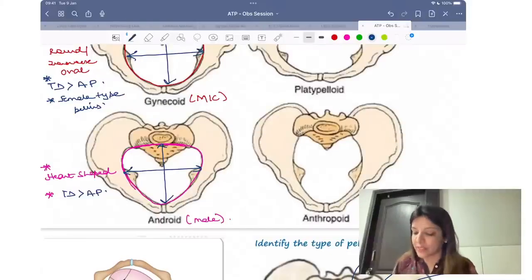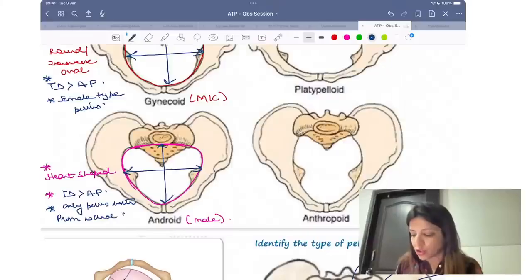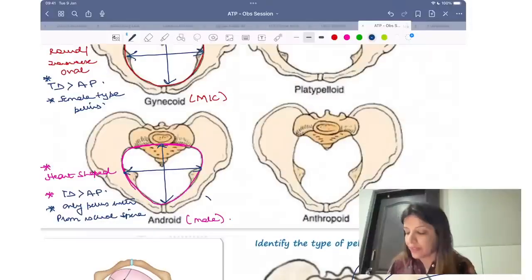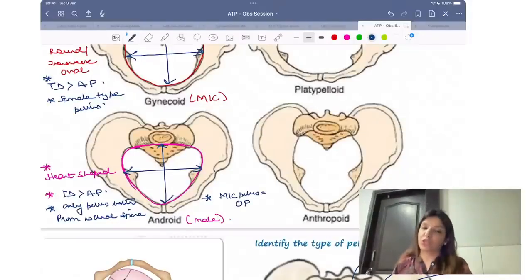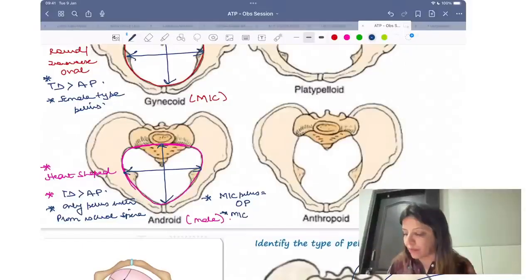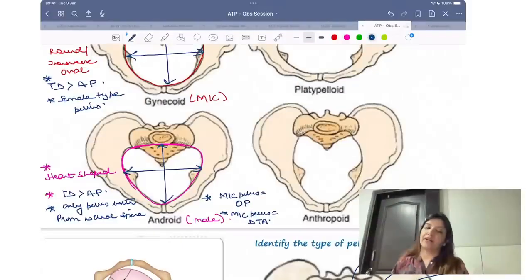Next important point is this is the only pelvis with prominent ischial spines, and that is why it is not favorable for delivery. Next important point, this is the most common pelvis which is associated with occipito-posterior position, and the most common pelvis which is associated with deep transverse arrest.